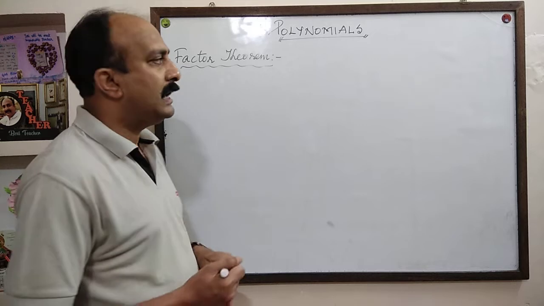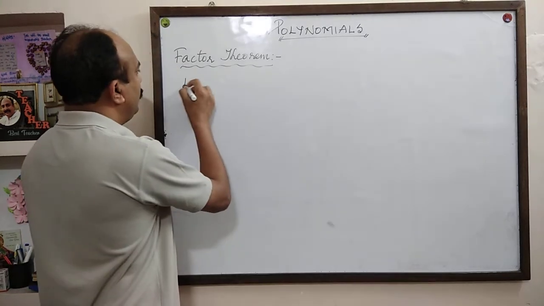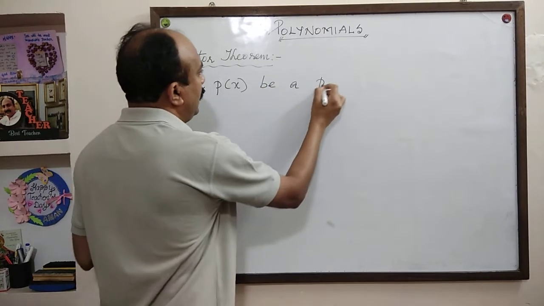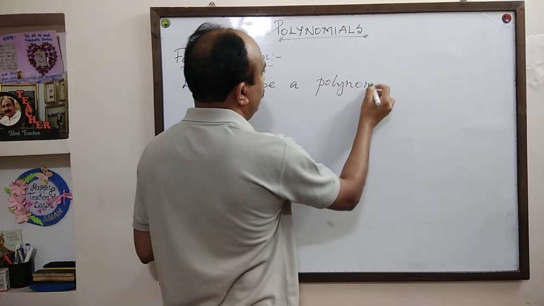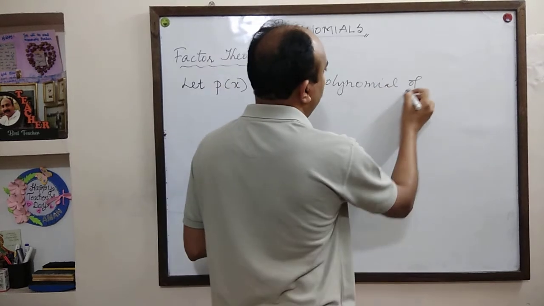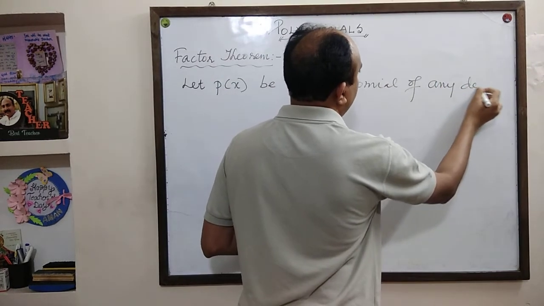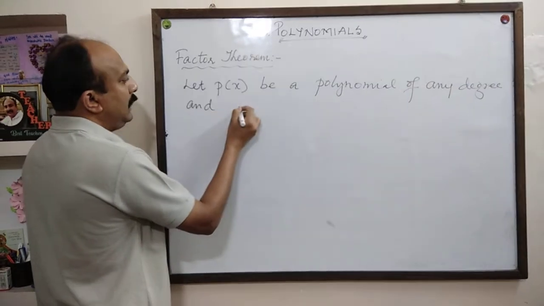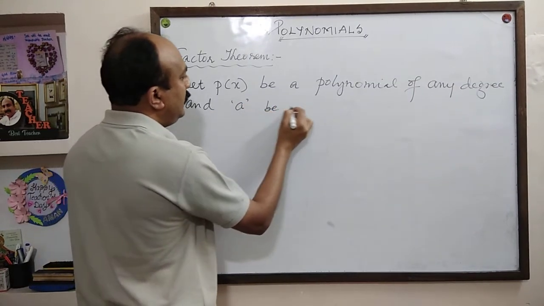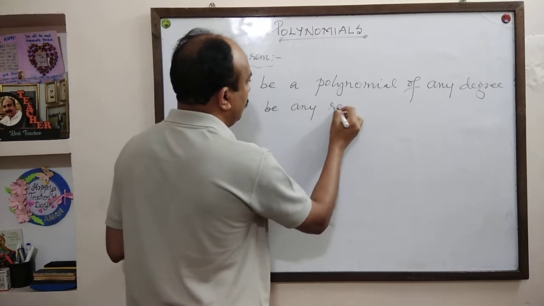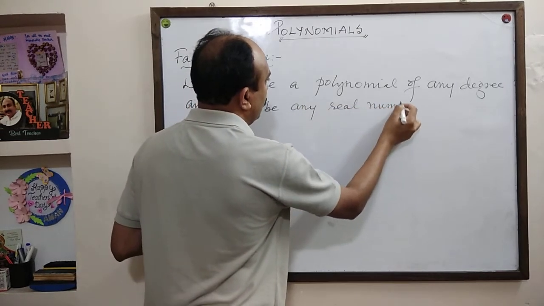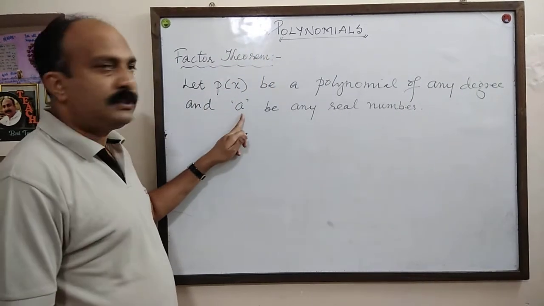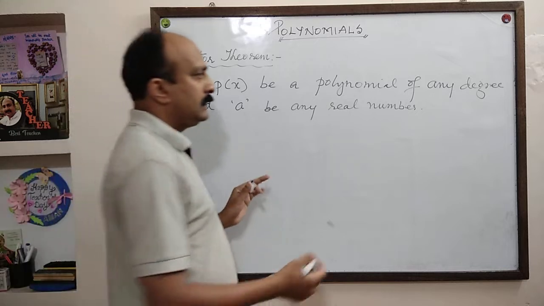It goes like this. Let p(x) be a polynomial of any degree and a, small letter a, be any real number.